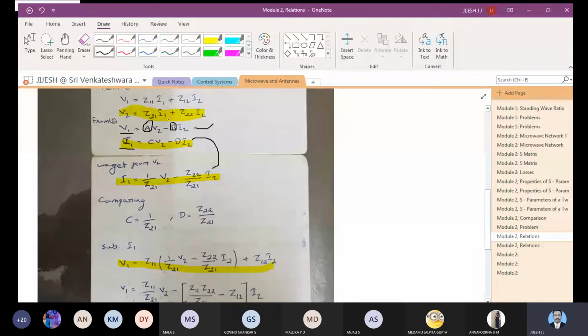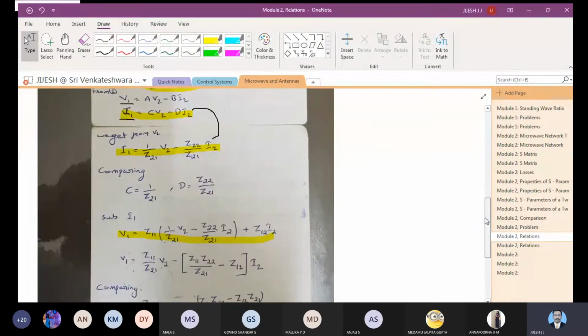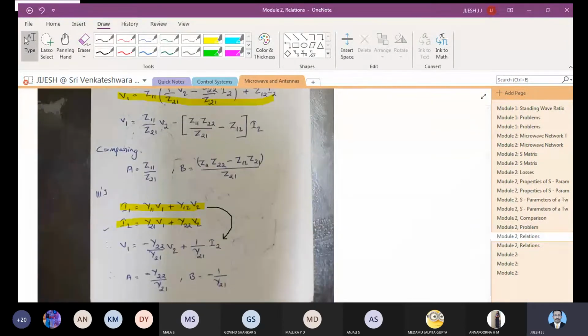When you compare those equations, you will get A equal to minus Y22 divided by Y21, and B equal to minus 1 by Y21. You can just write down these things, and when you do it, you will get it.